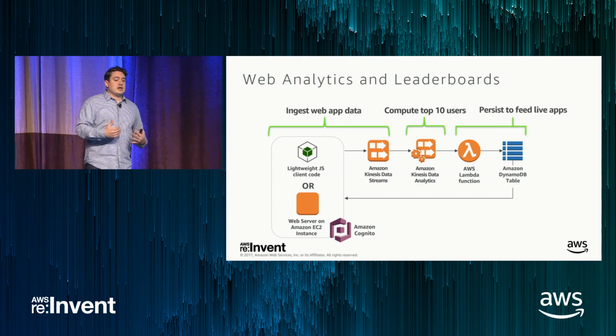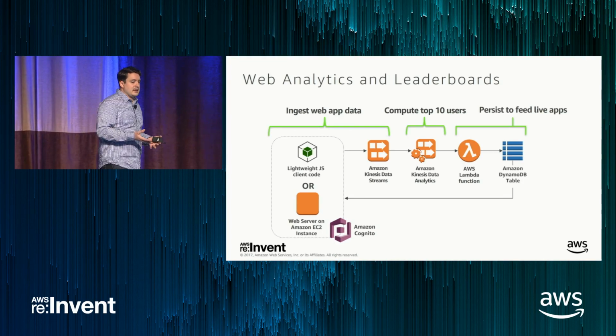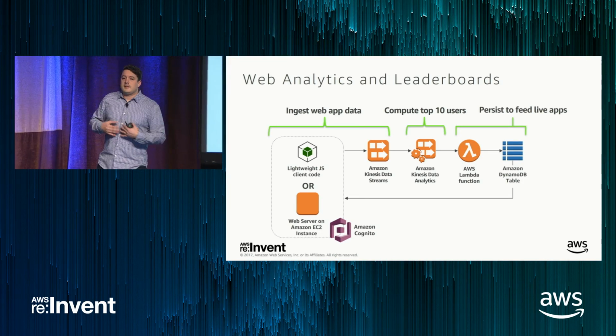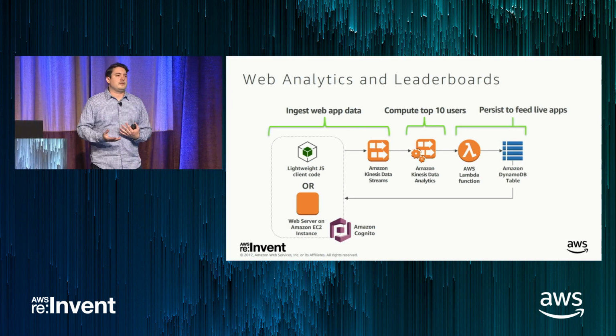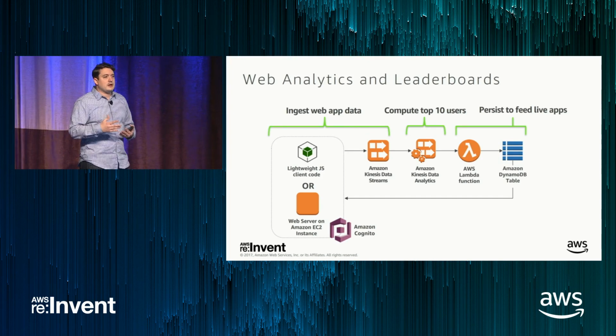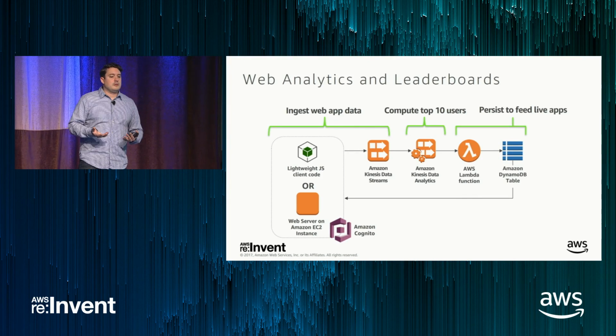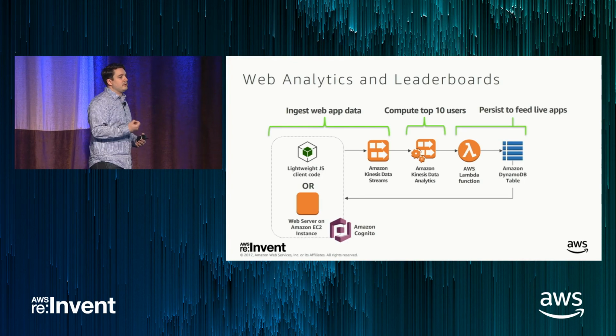So after ingest, the consumer that we have for this use case is an Amazon Kinesis Data Analytics application. This is computing the top 10 users. When you look at the code for this, it'll be very similar to: select my key columns, my aggregation columns, group by user, and then there'll be a time period associated with it.